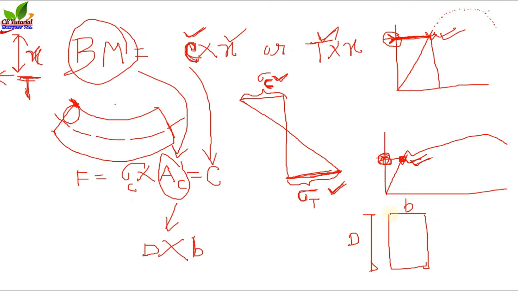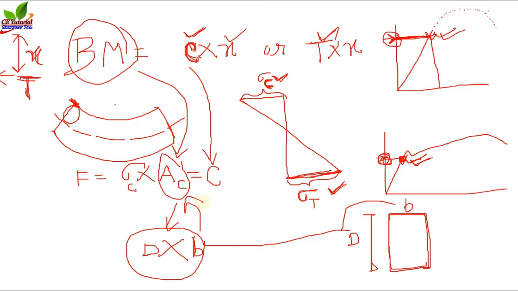This is nothing but the cross-sectional area of the beam, and this B and D we can calculate from the area.